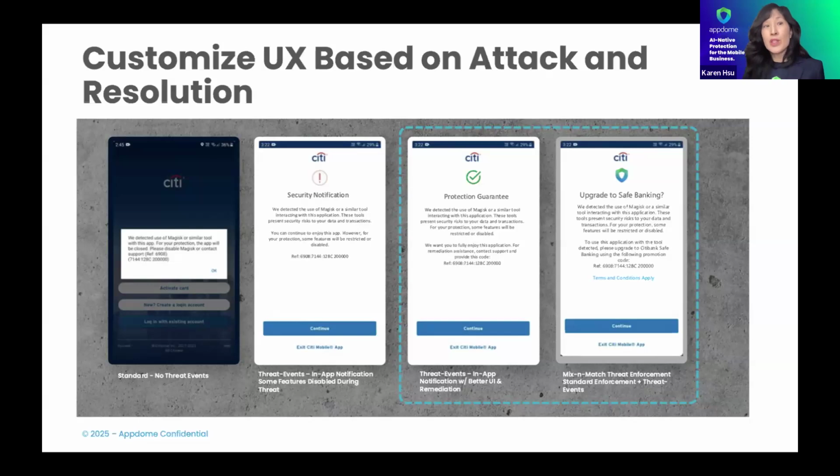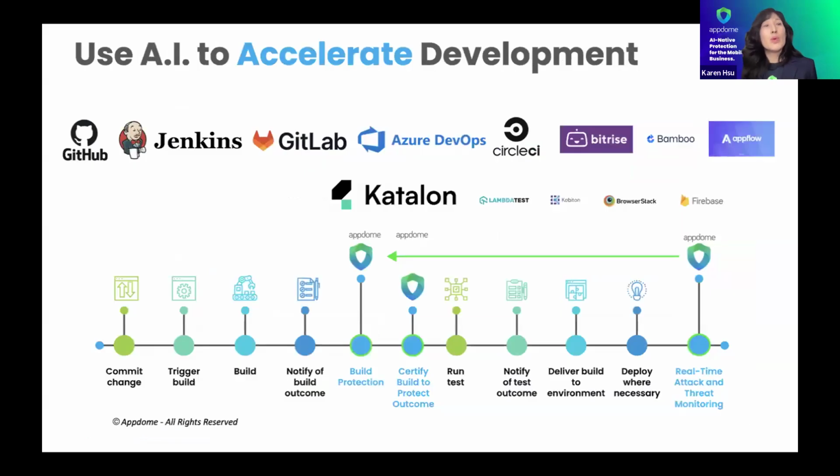So what you have now is the flexibility of not only seeing what the threat attack vectors are specifically when these mobile attacks happen, but also how to respond and control that response depending on the user and your app. So what we're going to talk through is how to use AI to accelerate the development.